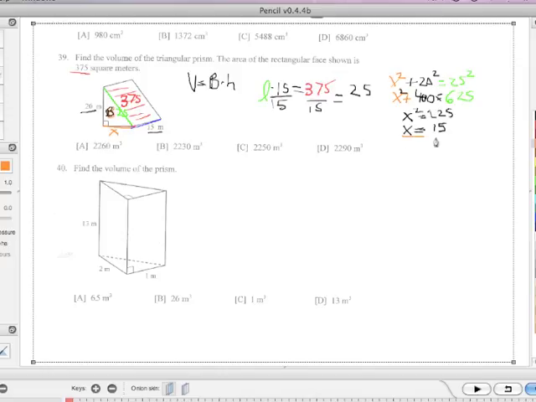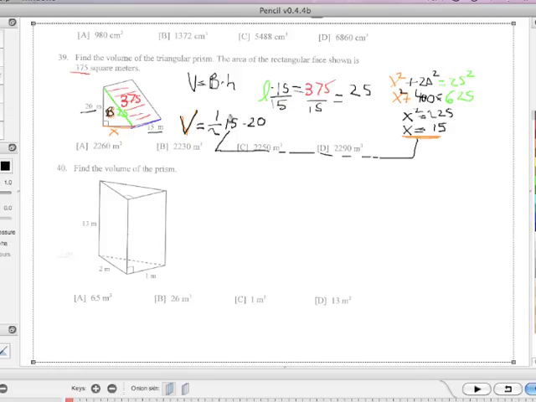So there we have our x, and now let's just do the whole volume. The volume is going to be the area of the base, which is 1/2 times 15 times 20. That 15 is from over here.